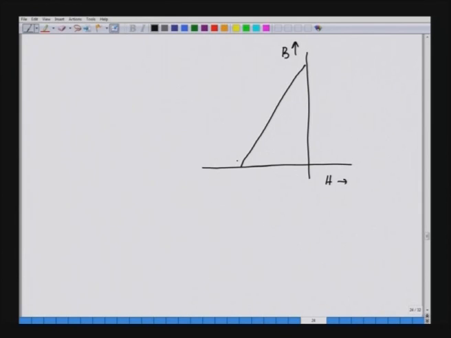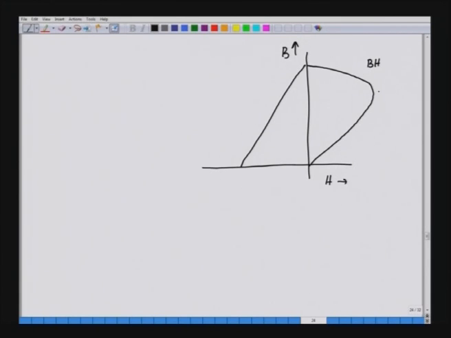We can also plot the product of B and H. The product of B and H will be something like this. So, this is the BH product.